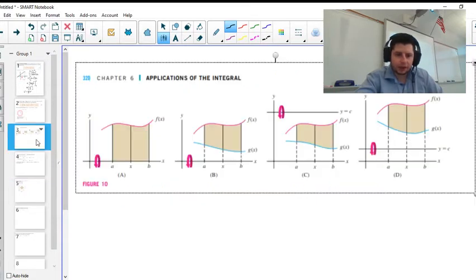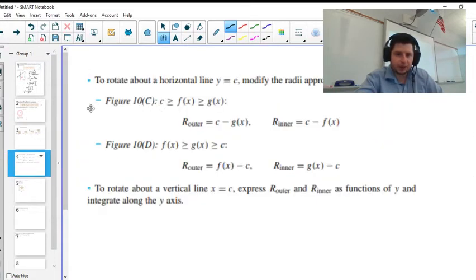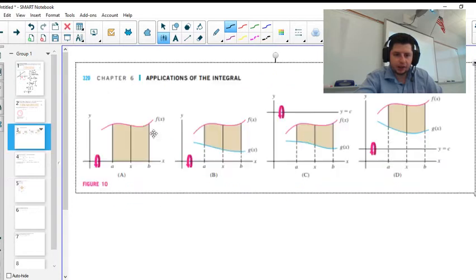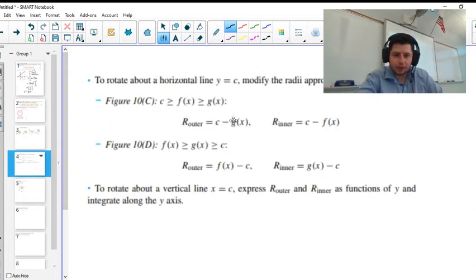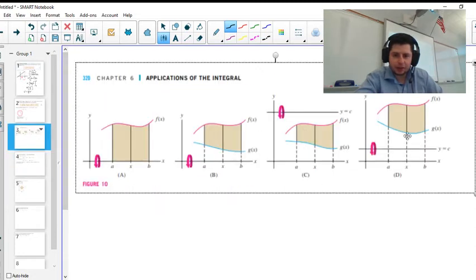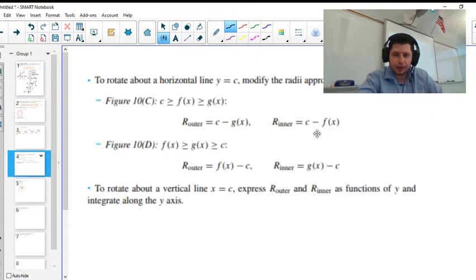So in the other cases, we have to modify the radii. In this one, where the c is above the two functions, we want c minus g of x as the outer radius, and your inner radius is c minus f of x.